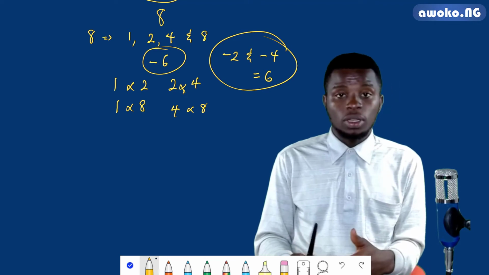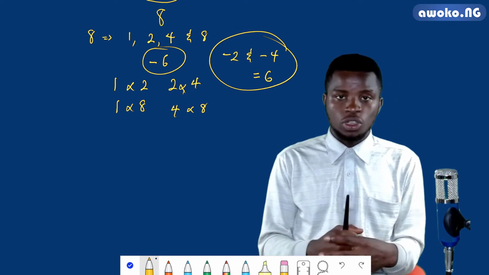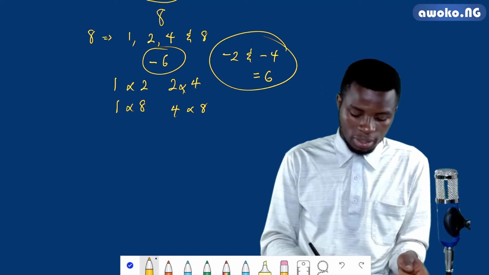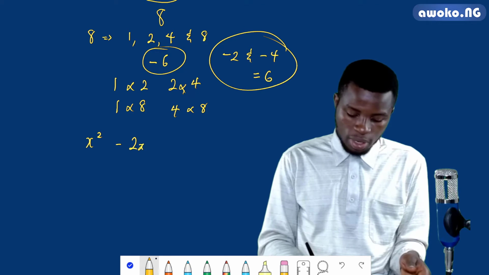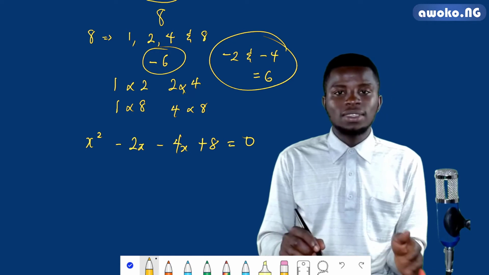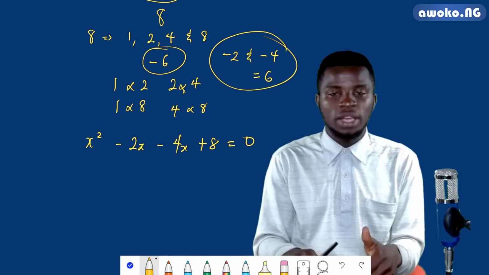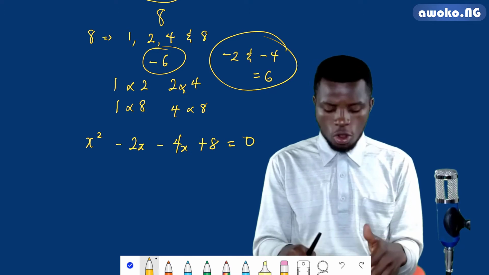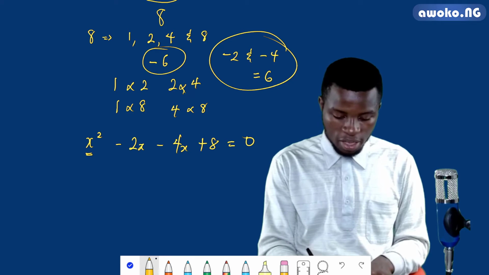We will now put the factors inside the original quadratic equation. And this is how it is done. We can have x squared minus 2x minus 4x plus 8 equal to 0. You realize that I've not altered anything in our initial equation, because x squared is here and x squared is here.